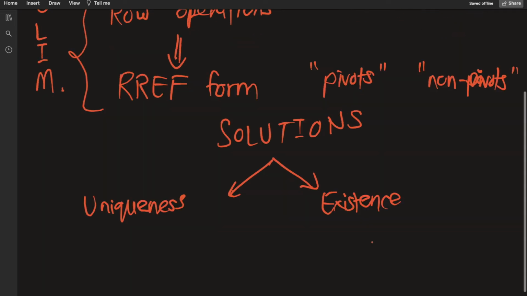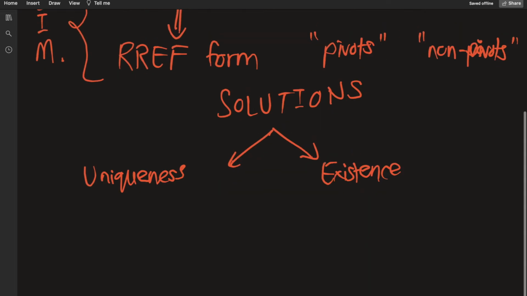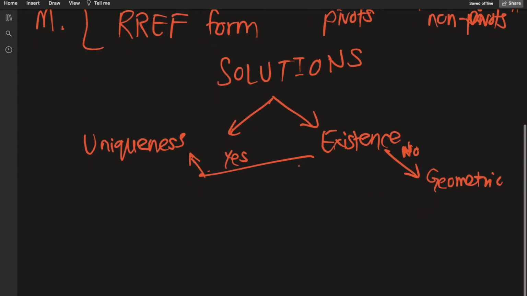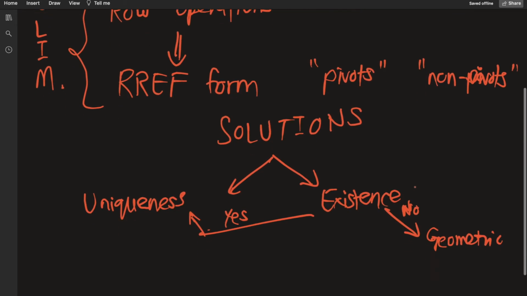It's like whether the solution exists. If it does, then we talk about the uniqueness, and if it doesn't exist, what is the geometric interpretation, or what intuition can we give. I'm going to give intuition behind everything, but specifically in the cases where the solutions don't exist.